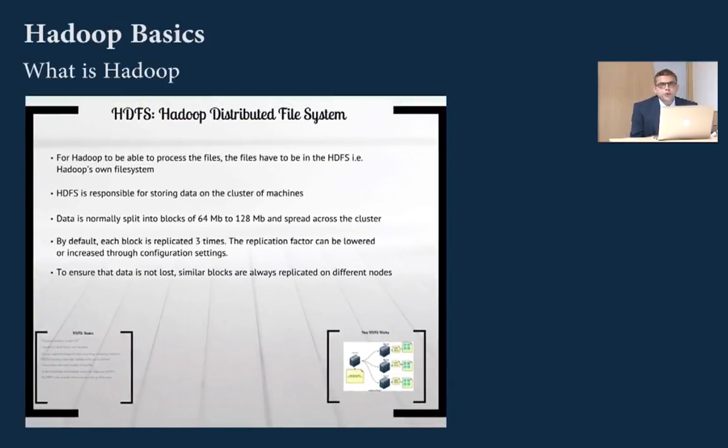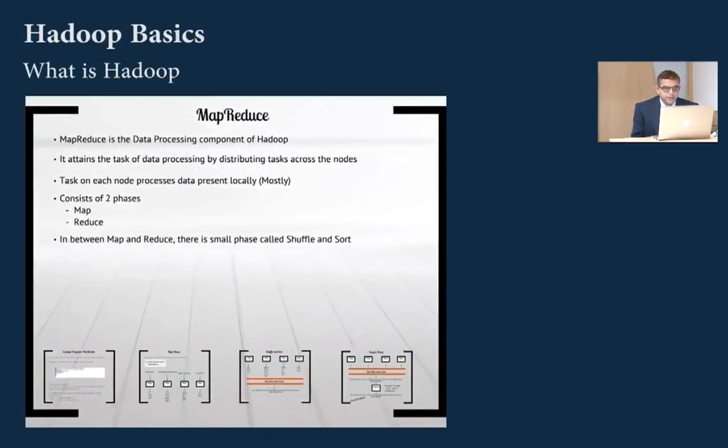MapReduce is the data processing component of Hadoop. It attains the task of processing by distributing tasks across the nodes. The task on each node processes data locally; it tries its best to process data locally. It consists of two phases, the map phase and the reduce phase, and in between the map and reduce phases there is a phase called shuffle and sort.